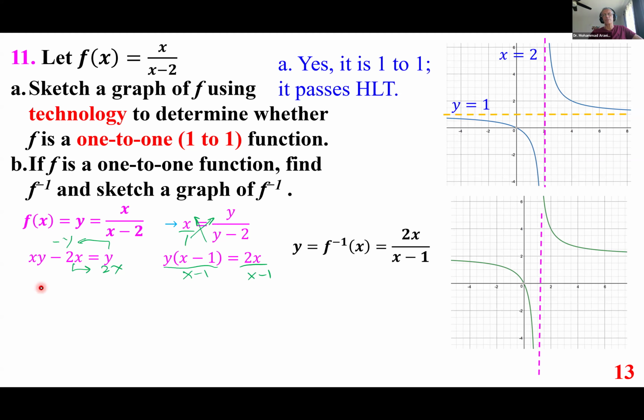What do we notice? Well, look at the horizontal asymptote here, y equals 1. The vertical asymptote here is x equals 1. Look at the vertical asymptote x equals 2, horizontal asymptote y equals 2 here.